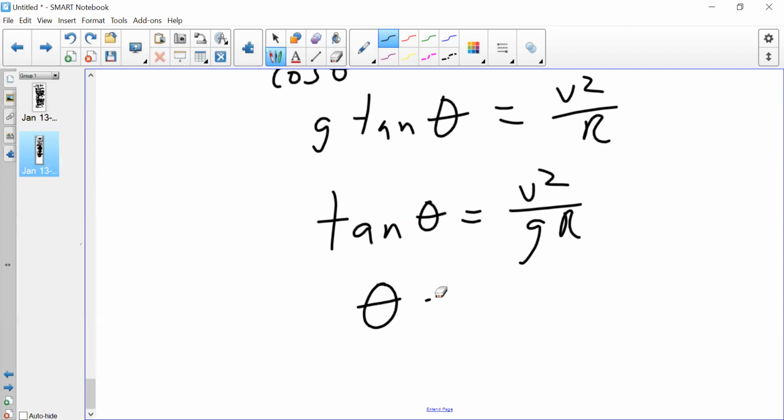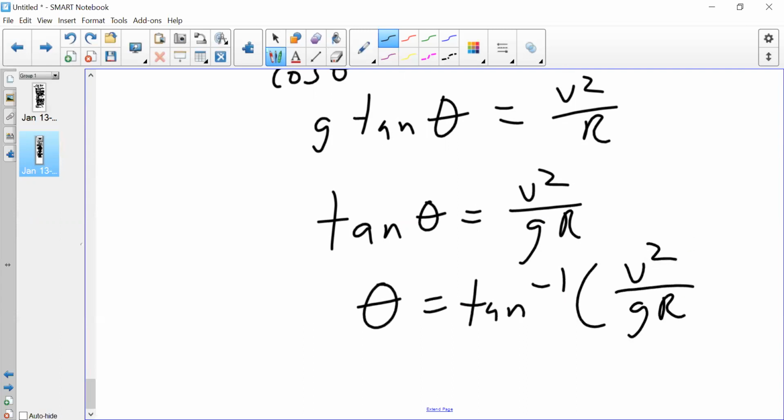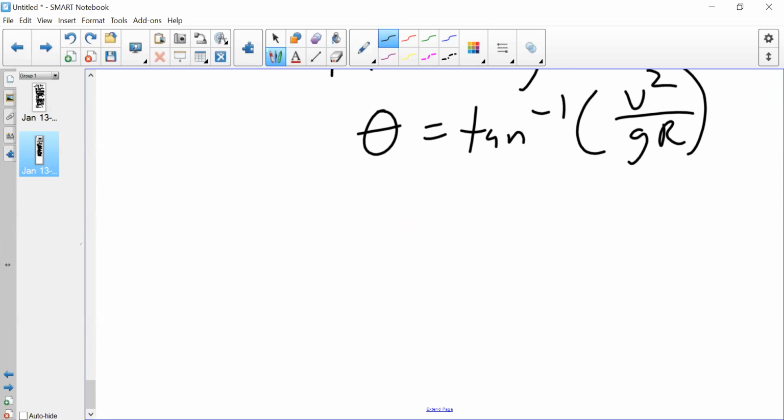And therefore theta is equal to inverse tangent of v squared over gr. And then you can put your numbers in there, and the velocity was 16.4.